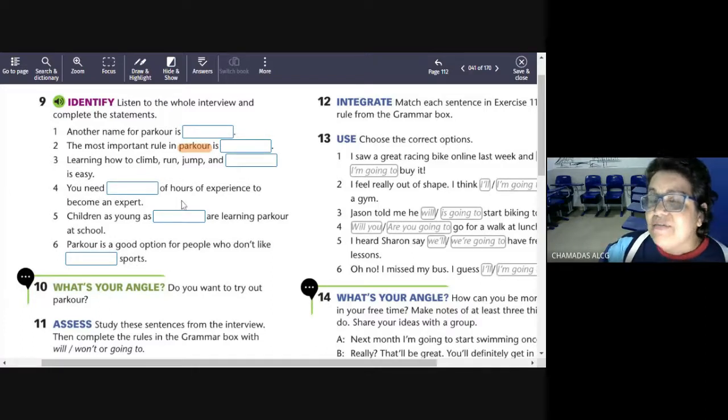You need of hours of experience to become an expert. Children as young as are learning parkour at school. Parkour is a good option for people who don't like sports. All right, so let's listen up.